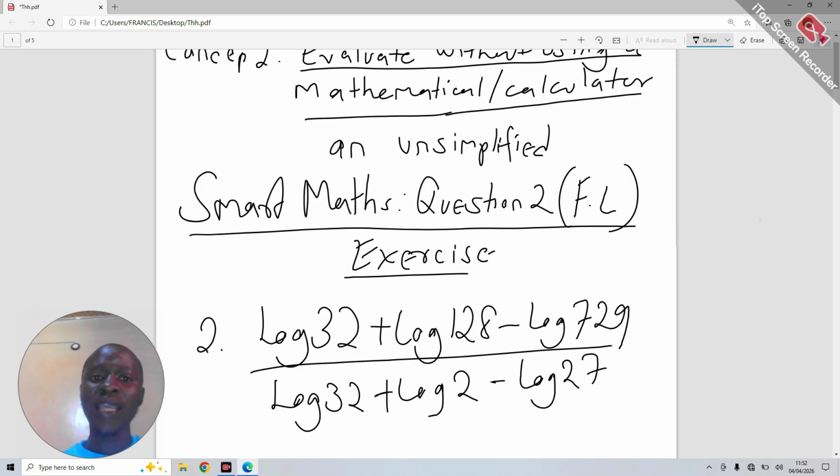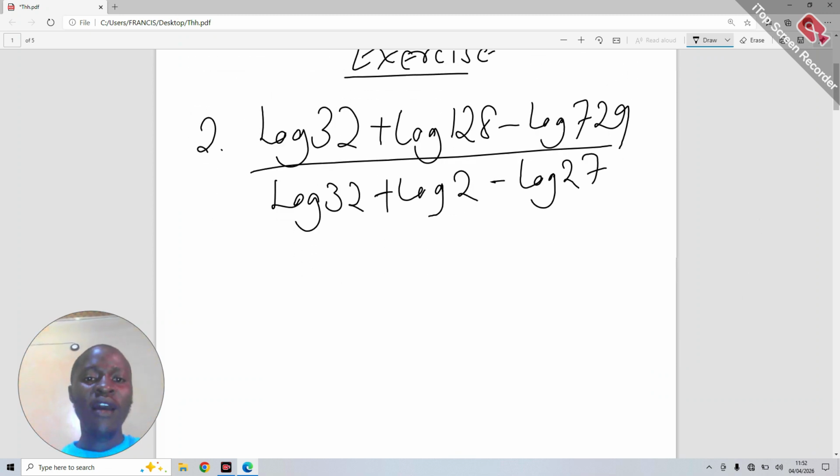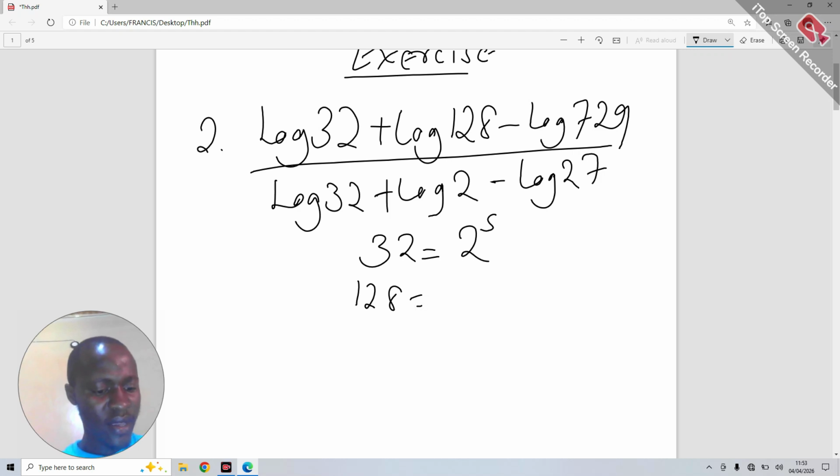What we have here is unsimplified. So an examiner needs you to simplify this question. What do I mean by simplify? For 32, you must simplify it to a certain base. So 32 can be simplified as 2 power 5, which is still the same thing. 128 is the same as 2 power 7.